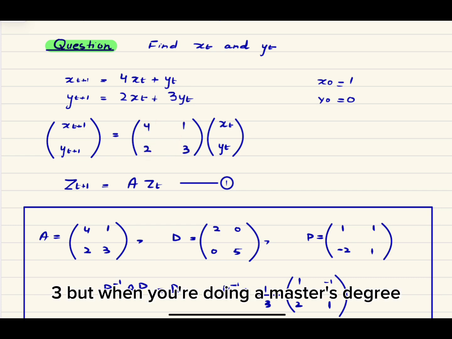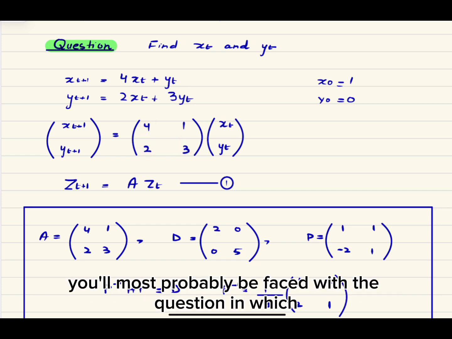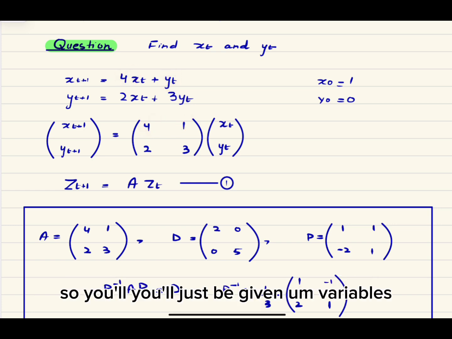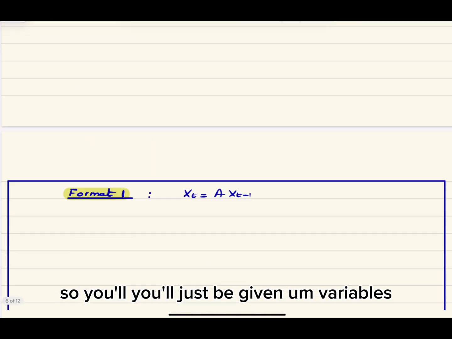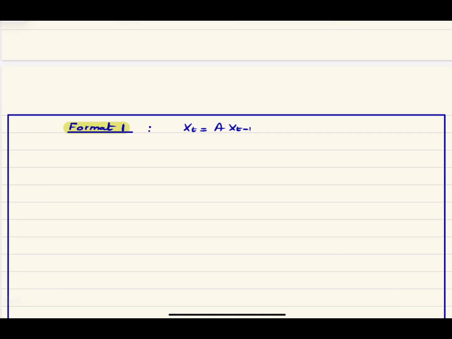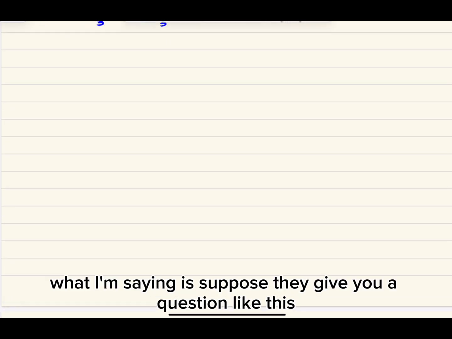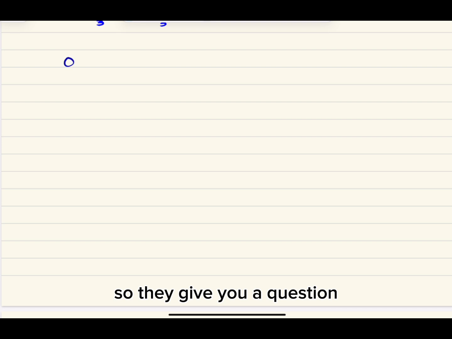But when you're doing a master's degree, you'll most probably be faced with a question in which these are not actually given. So you'll just be given variables. So for instance, what I'm saying is, suppose they give you a question like this.